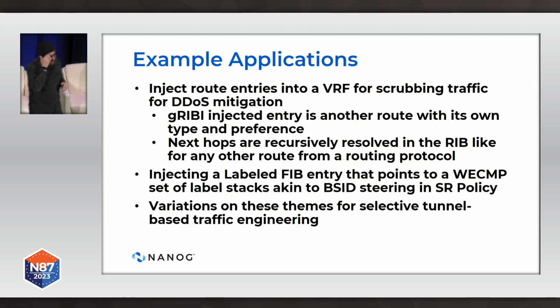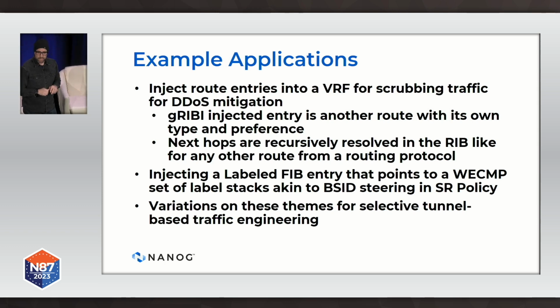So what are some example applications? Well, perhaps I have a scrubbing application where I want to surgically reroute traffic that's destined to a particular endpoint to a scrubbing solution. I can inject a /32 into the device, divert this traffic into a tunnel, run it through a scrubbing complex, and then re-inject it back into the network downstream somewhere.